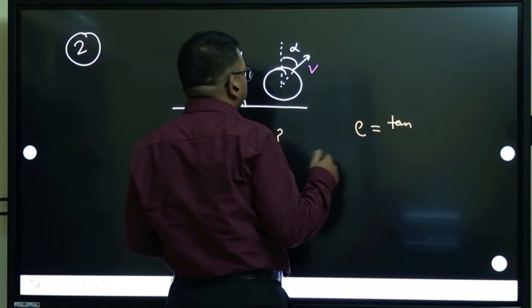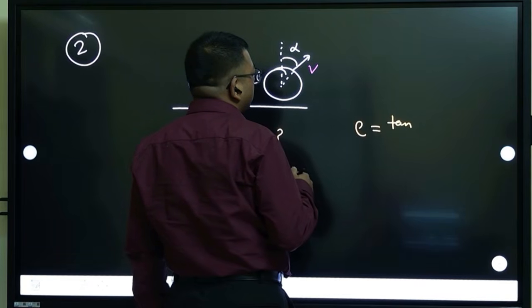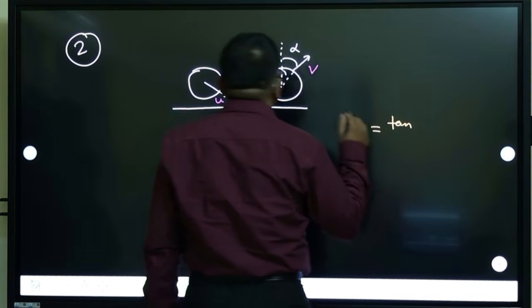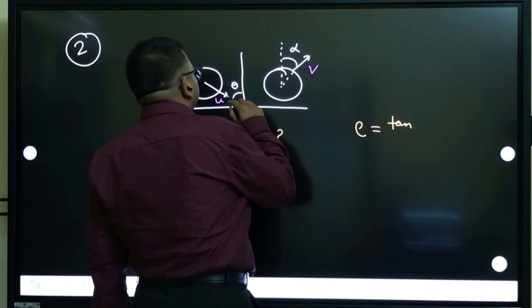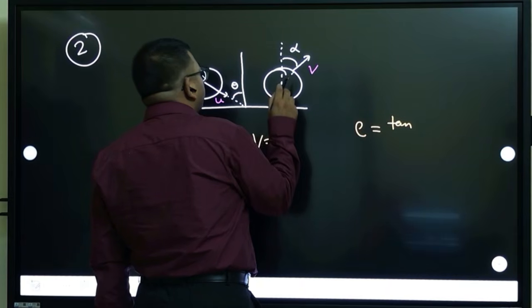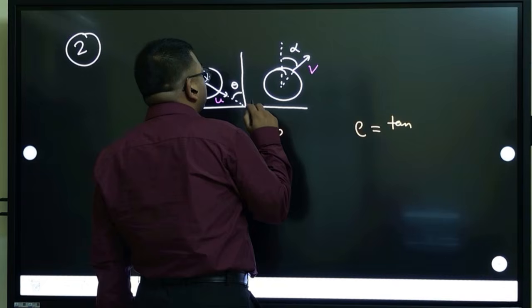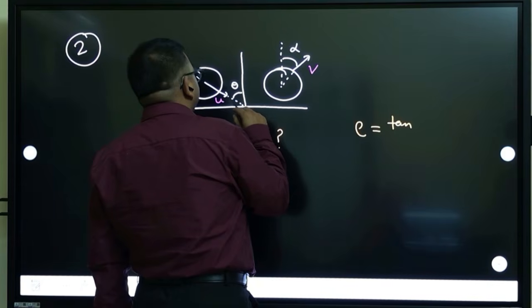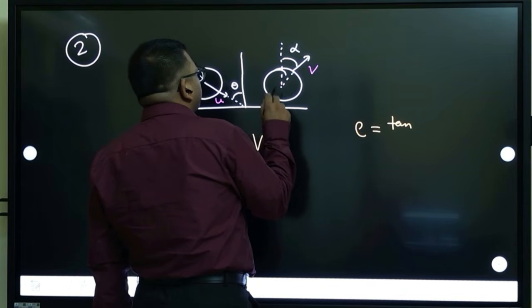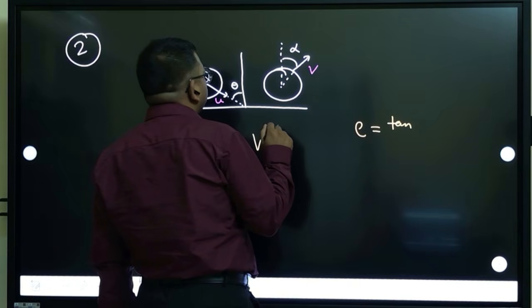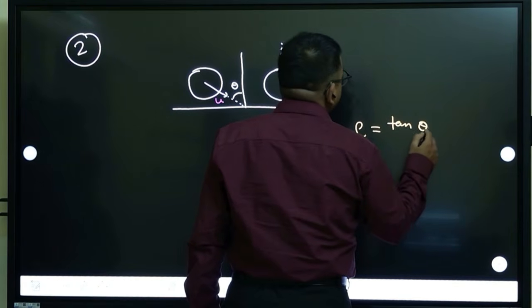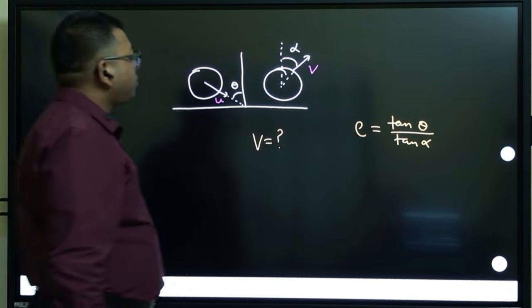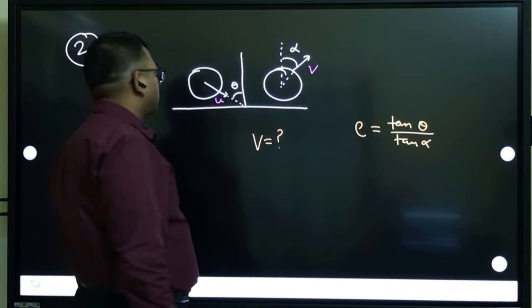What did we get? Tan means which angle, initial angle or final angle? Because here theta is the original initial angle with the vertical, and alpha is the final angle. Tan theta by tan alpha. Correct.